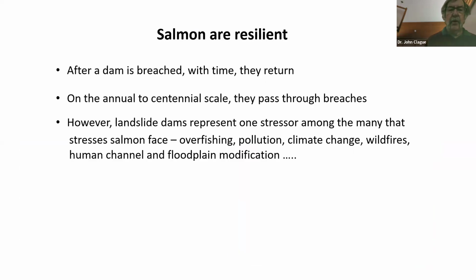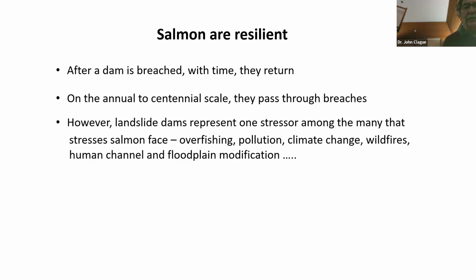So I make that point that salmon are resilient. They return. They are basically programmed to colonize portions of watershed that provide suitable habitat. Once those areas open up, they're there.